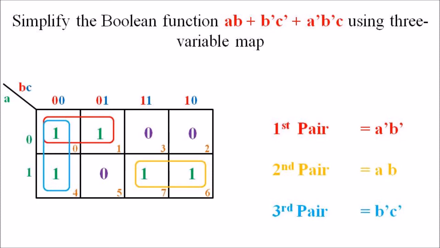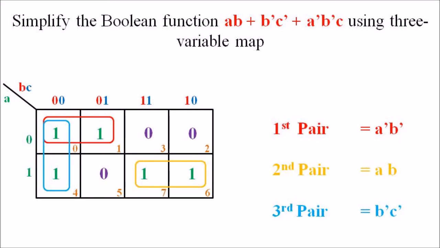The third pair is the cells 0 and 4, and this pair lies in the first column. The value of A changes from 0 to 1 as we travel from cell number 0 to cell 4, from row 1 to row 2, and the values of B and C are unchanged, with BC being 0, 0, which is represented as B bar, C bar.